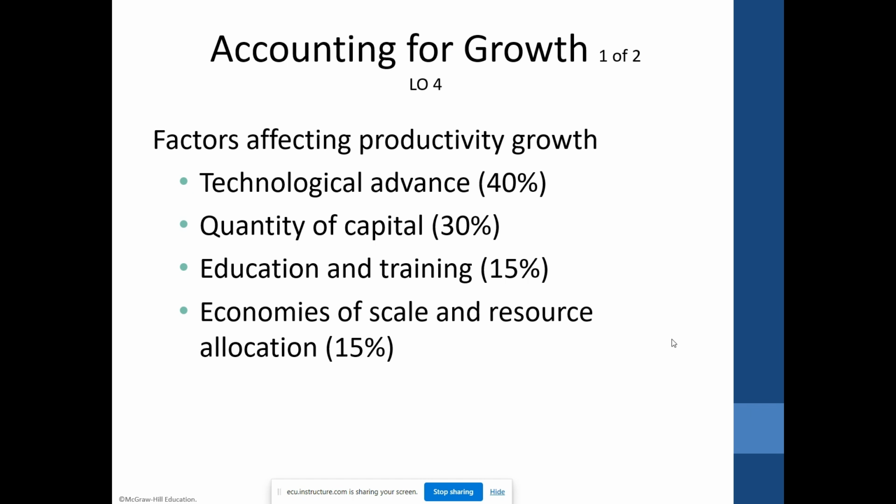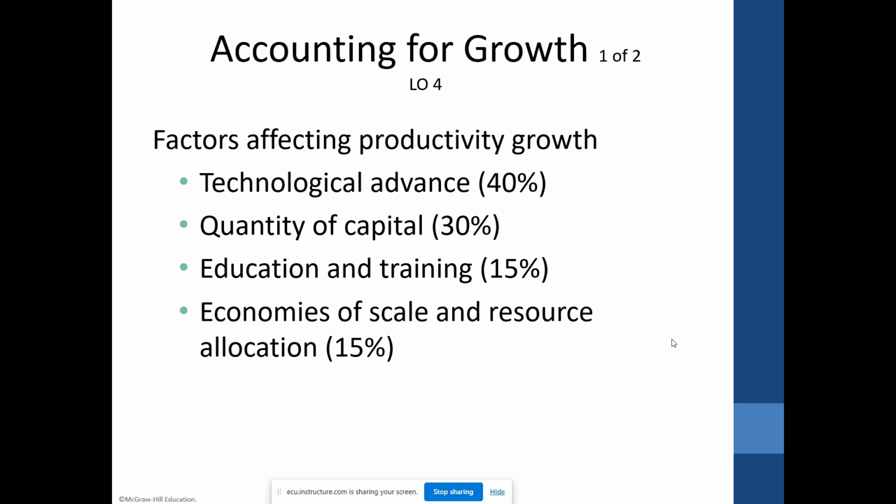Five factors, when combined, appear to explain changes in productivity growth rates. The largest contributor is technological advancement, which accounts for approximately 40% of productivity growth. The discovery of new knowledge generates it.